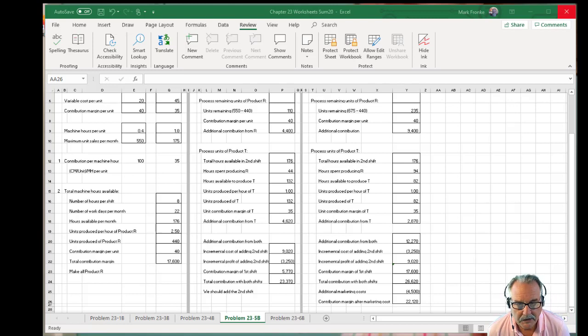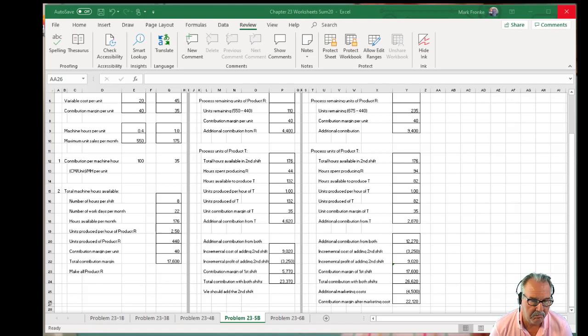Okay, so here are the numbers for the additional marketing plan. This is the last requirement. You can see that our contribution margin goes down from our second scenario. So this would not be a good idea.